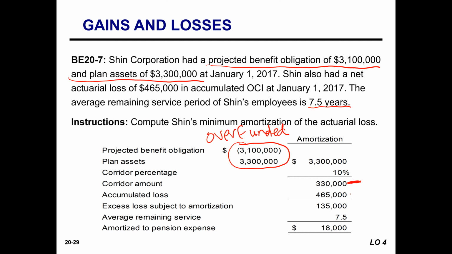Accumulated loss, 465,000, so excess loss subject to amortization is 135,000. Average remaining service is 7.5 years, so we're going to amortize 18,000 a year, essentially added to the pension expense.